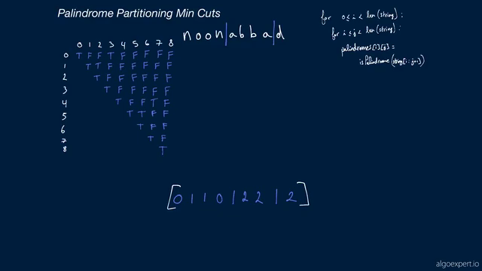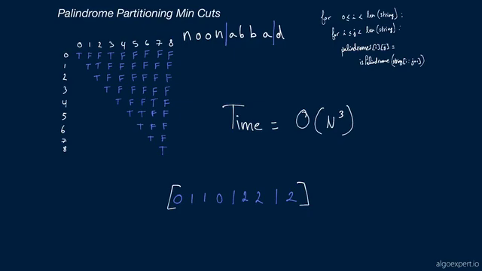So we're doing O of n squared computations, and then at each computation, we're doing an O of n operation that is isPalindrome. So that becomes O of n cubed time, which kind of swallows the O of n squared that we had from the cuts array, right? And so our time complexity becomes O of n cubed, where n is the length of our input string.